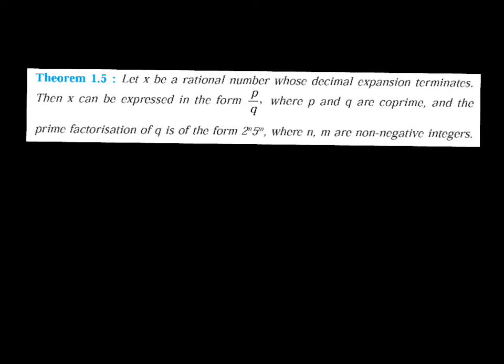So any rational number whose decimal expansion is terminating will have a denominator whose prime factorization can be expressed as 2 to the power n, 5 to the power m.